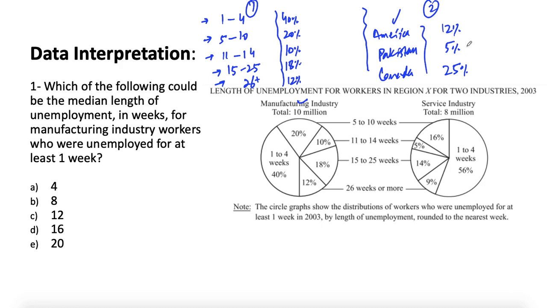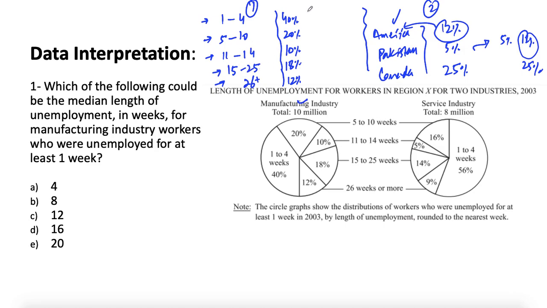So for that, we need to arrange this in the order of the percentages. If I ask to find the median, I need to arrange this in percentage order. So minimum is 5%, next one is 12%, and third one is 25%. So the median for this is 12%, which is for this country.